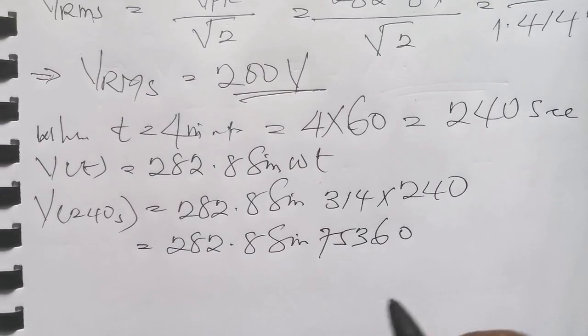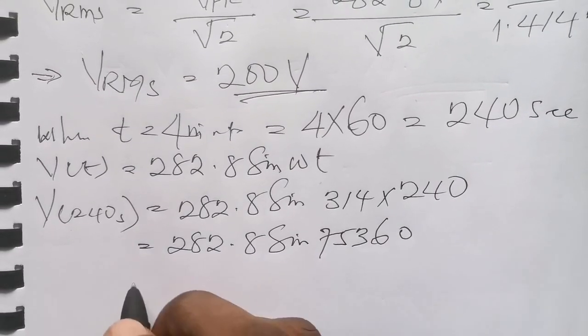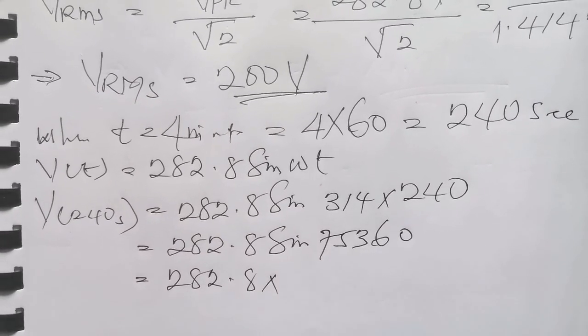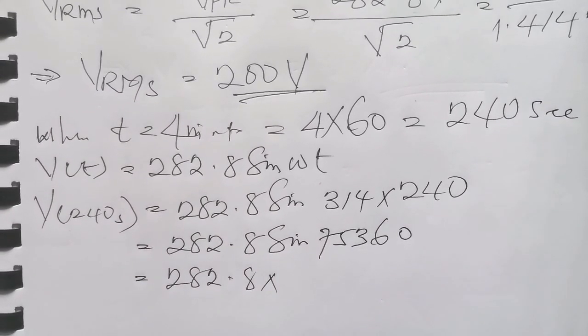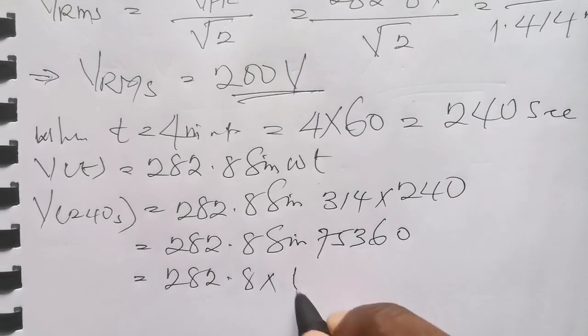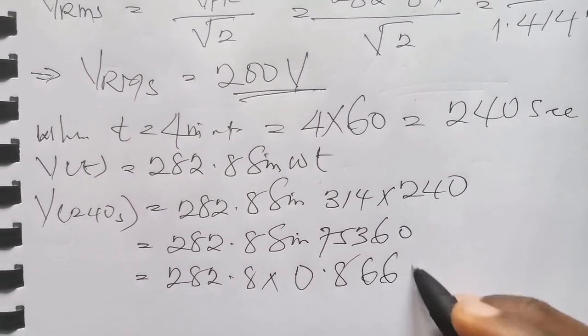So this is equal to 282.8 multiplied by sine of 75360, and the sine of that value gives us 0.8660.